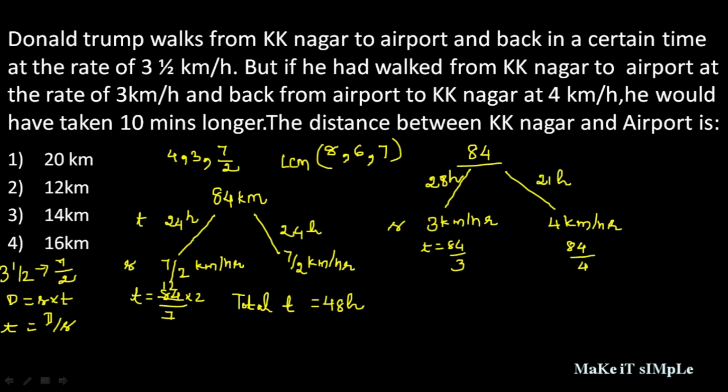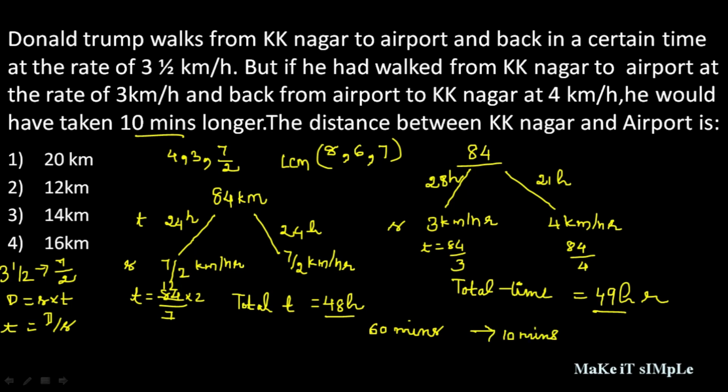Total time in this case is 49 hours. In the question, what they have given is 10 minutes longer. The 10 minutes longer is the difference between 48 and 49, that is 1 hour. 1 hour is 60 minutes. So 60 minutes is equal to 10 minutes.